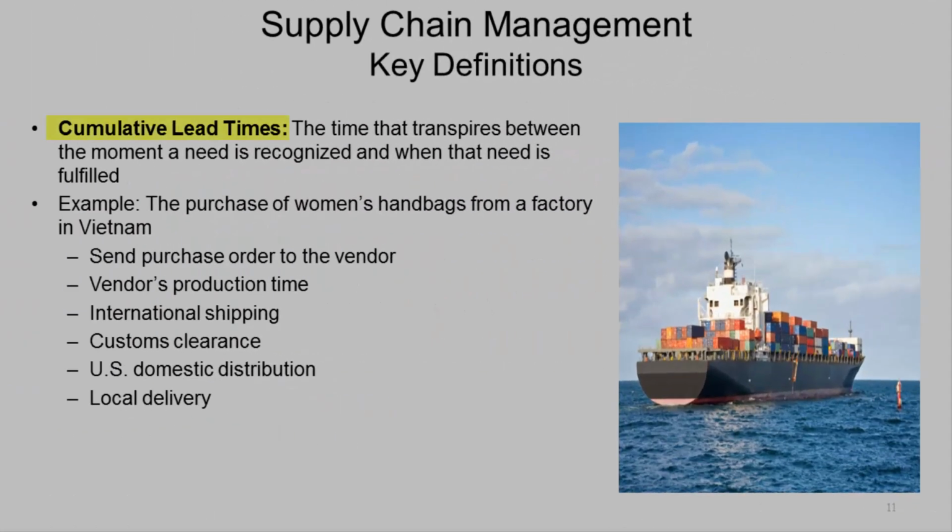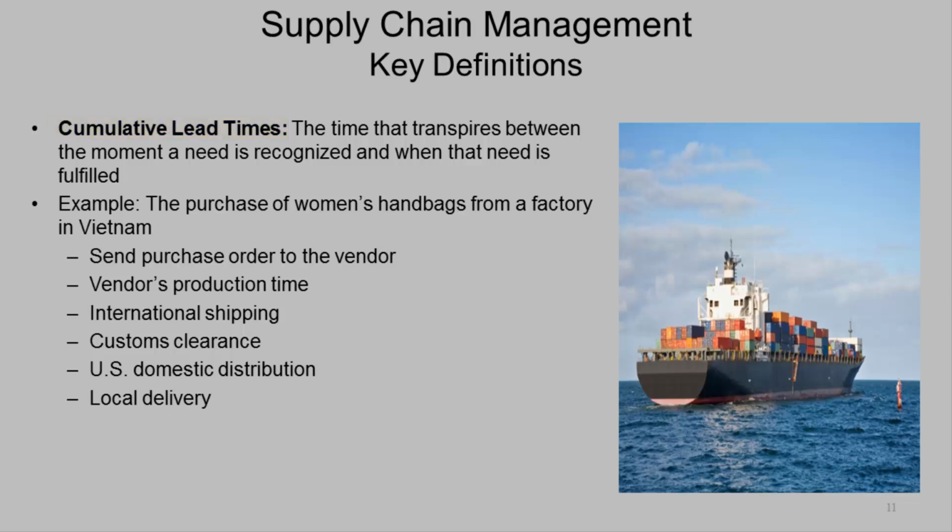Lead times, or cumulative lead time. There's a big difference between lead time and cumulative lead time. And our focus is indeed on the cumulative component. The definition of cumulative lead time, as provided by the American Production and Inventory Control Society, is the time that transpires between the moment a need is recognized and when that need is fulfilled.